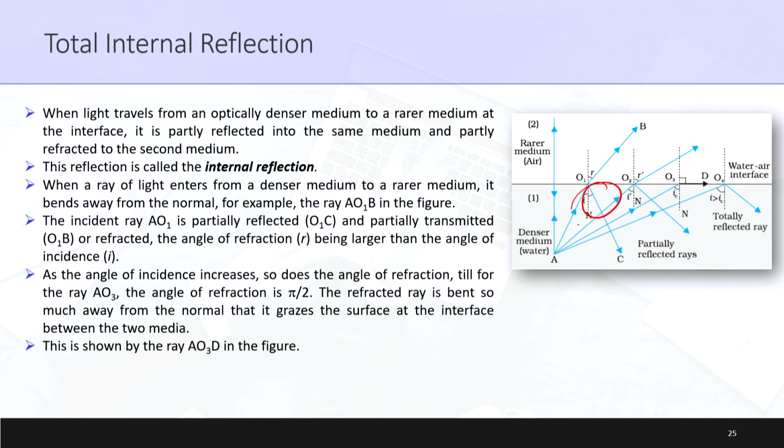As you go on increasing this angle, you will get a point at which the angle of refraction will be equal to 90 degrees. Beyond that angle, which is called IC, you will get total internal reflection.